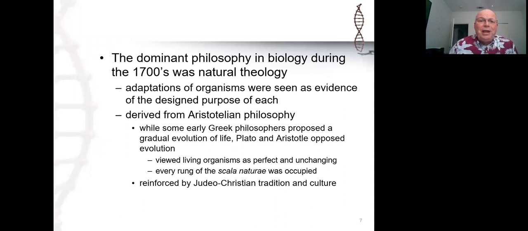Now, this is not to say that there were not people who thought otherwise. It's not to say that there were not people who thought that the Earth might be a lot older than this philosophy gave credit to.